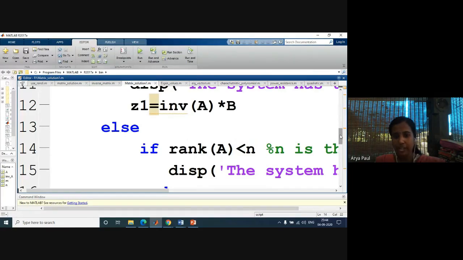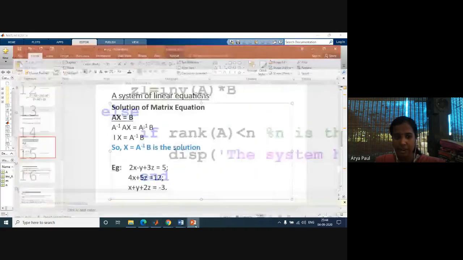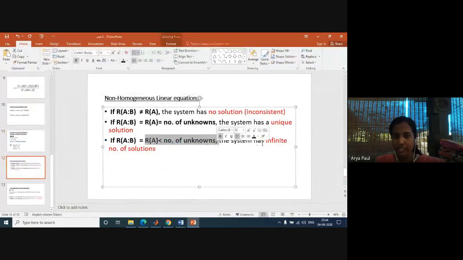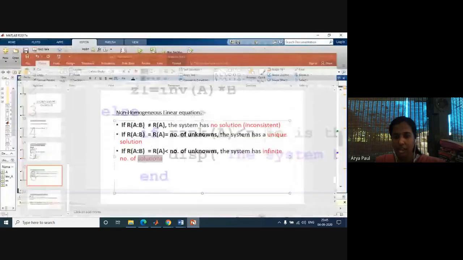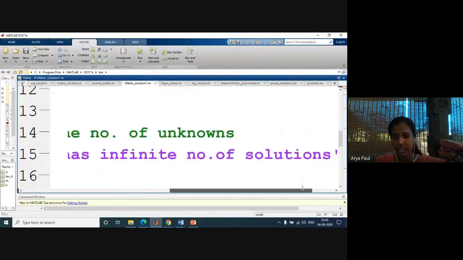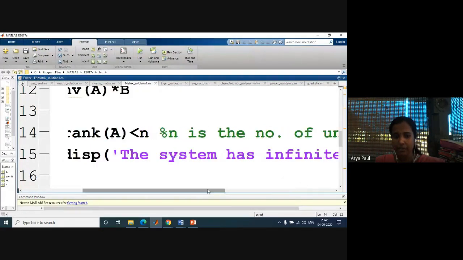What happens then? The system has an infinite number of solutions.